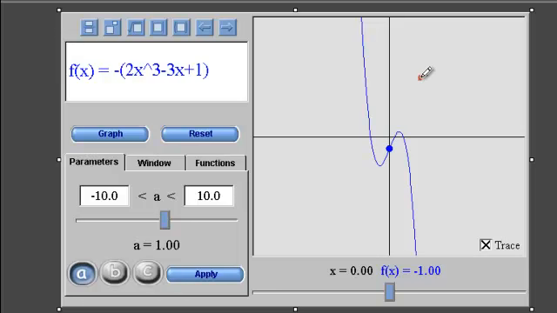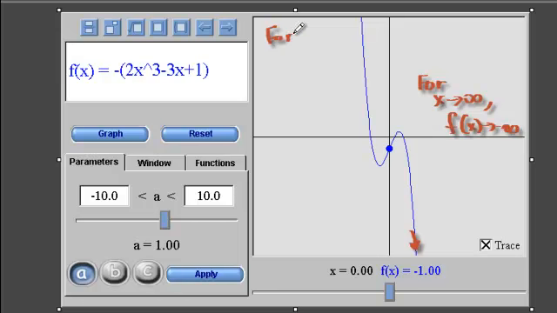So for x going to positive infinity, that's way out in here, we would say that f of x, or the function itself, is going to negative infinity.